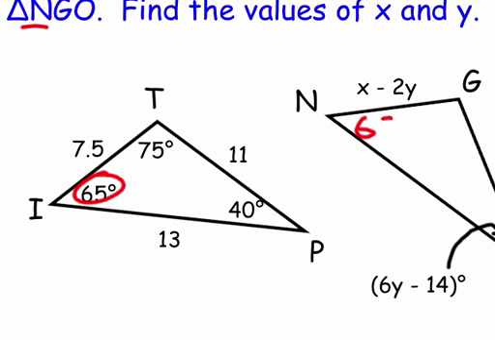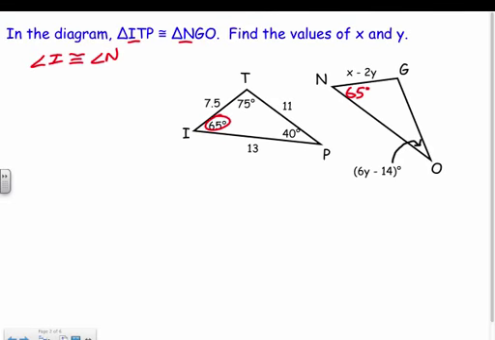So I know angle N is 65 degrees. And I also know that angle G is the same as angle T. I know angle T is congruent to angle G. And that should help us out because T is 75, so G has to be 75. Which means what? P and O are the same, these two angles.